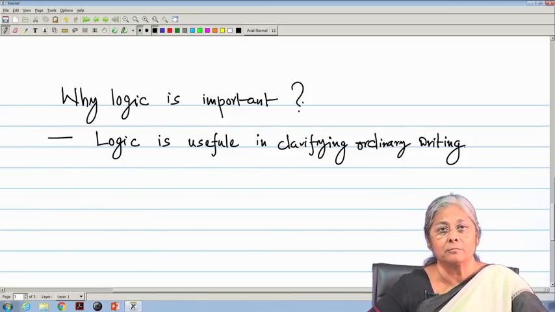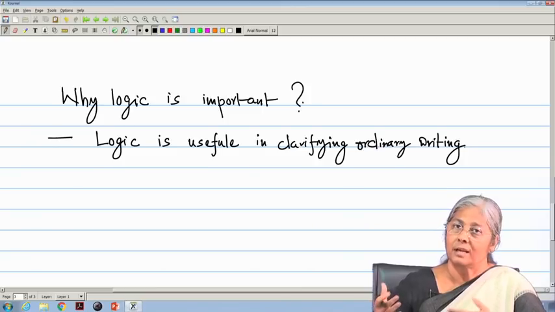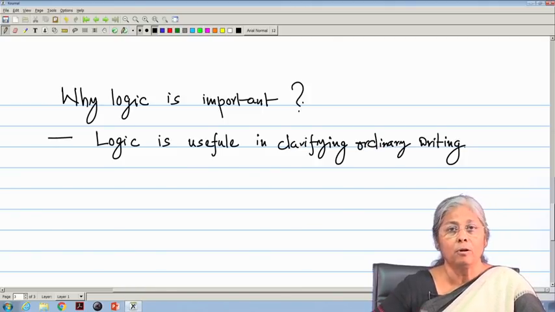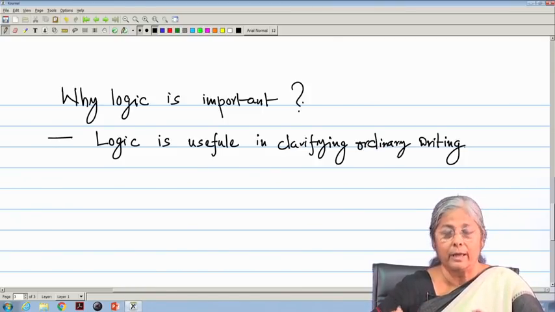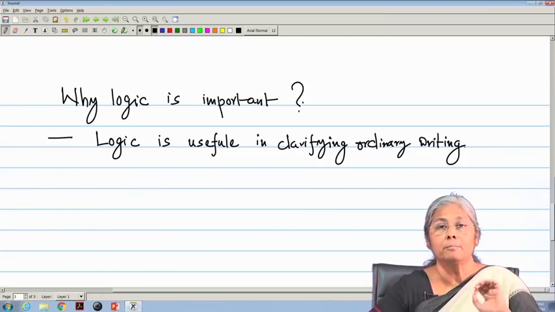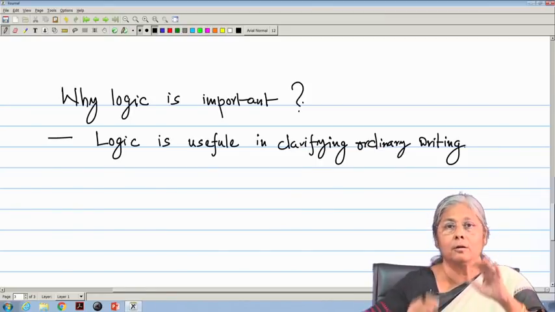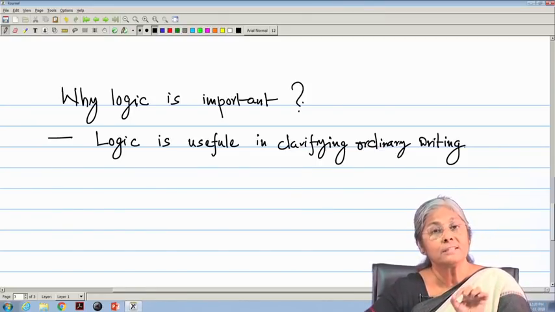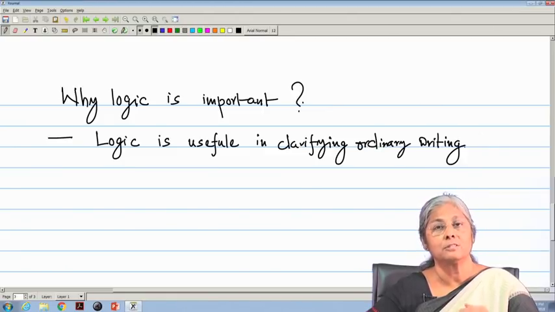Whatever I am writing, that can be literature, or some science topic, or academic content, must be logical, and there must be some relation between the sentences or statements I am writing.